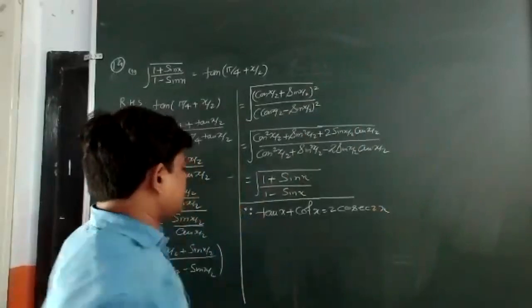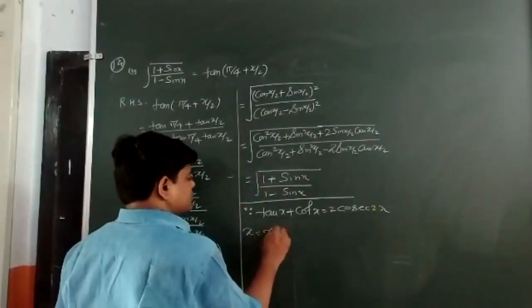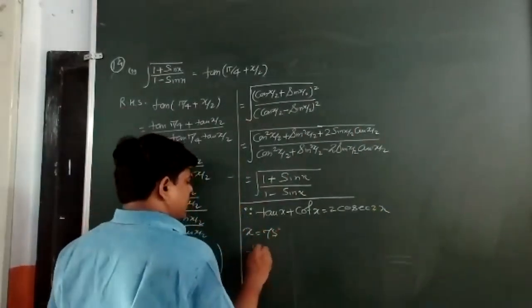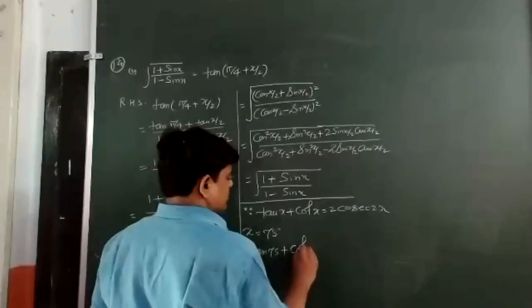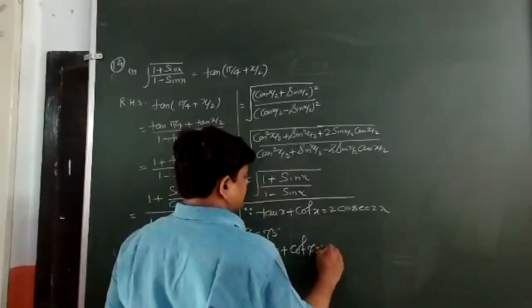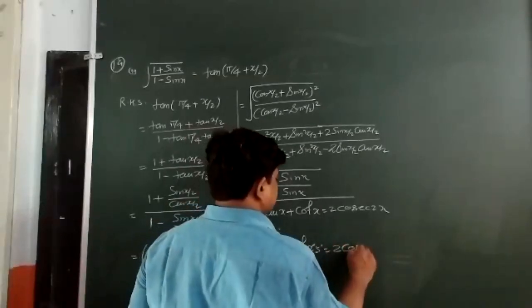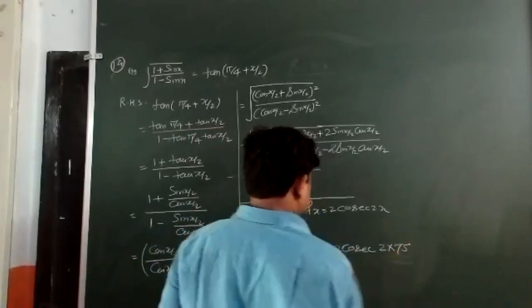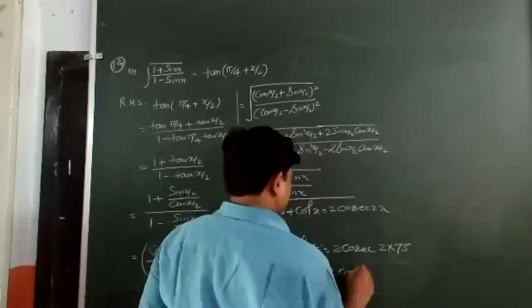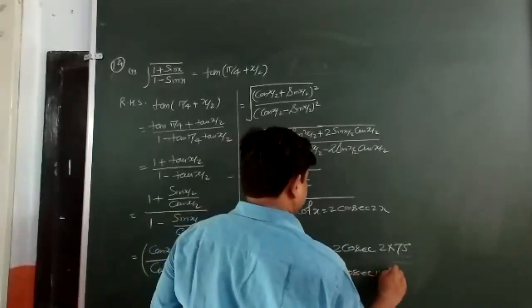When I substitute x is equal to 75, I have tan 75 plus cot 75 is equal to 2 cosec into 75, this is 2 cosec 150 degree.